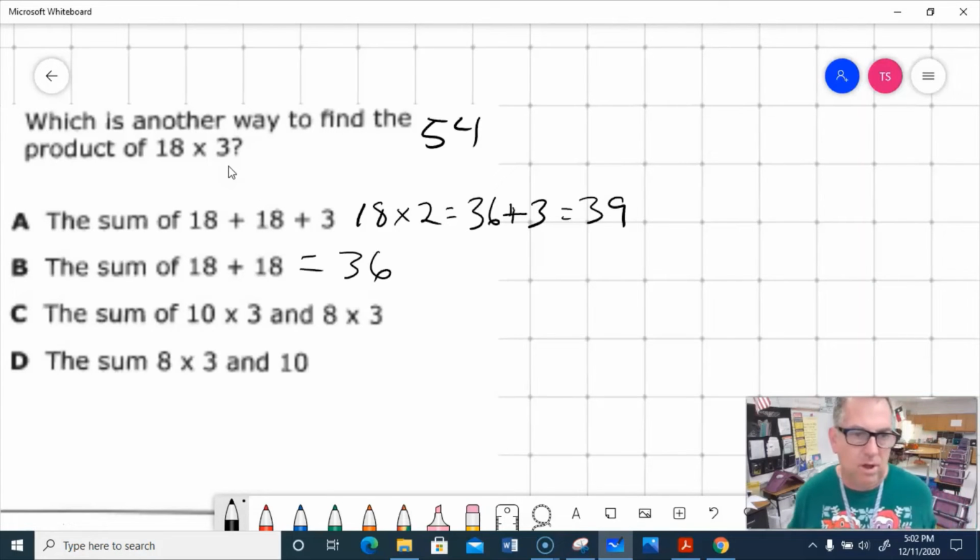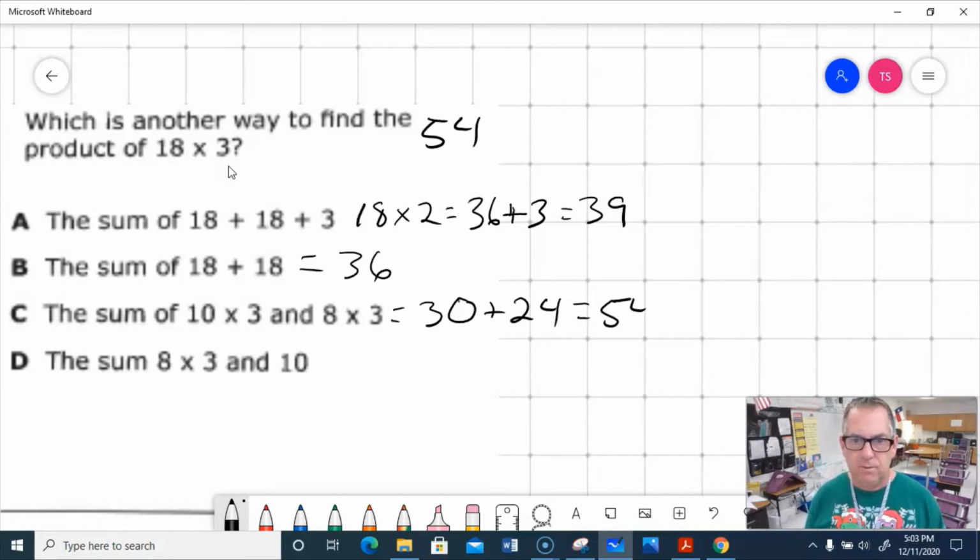The next answer, answer choice C, the sum of 10 times 3 and 8 times 3. Okay, we'll see. I know 10 times 3 is 30, and 8 times 3 is 24, and 24 and 30 equals 54. I'm going to put a question mark there, that looks like that may be my answer.